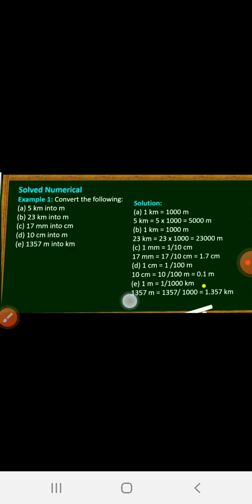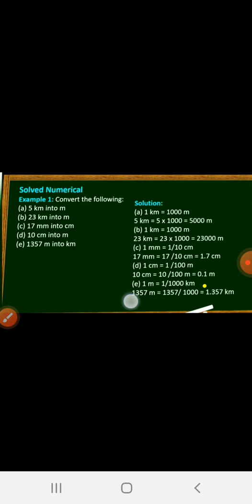Next is 10 centimeter to meter. Again here centimeter is the smaller unit and meter is the higher unit, and for converting smaller to higher you are going to divide. That means it will be 10 upon 100, and the answer will be 0.1 meter. Similarly, the last example is you have to convert 1357 meter into kilometer.